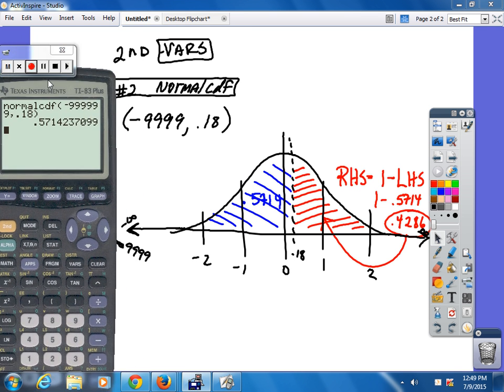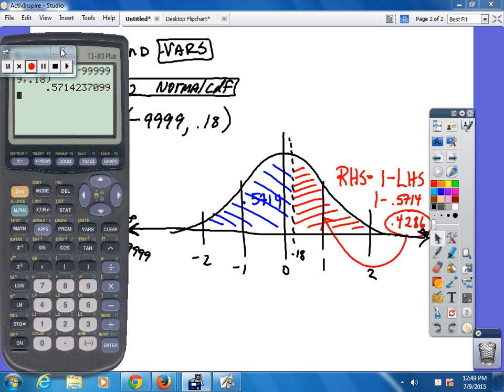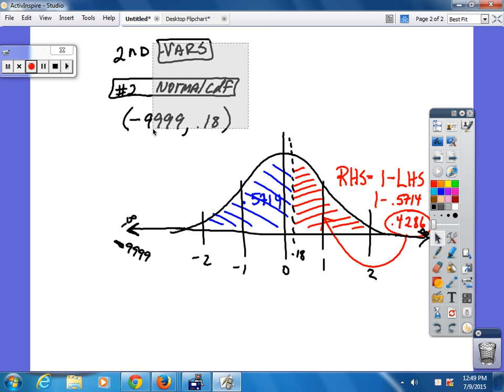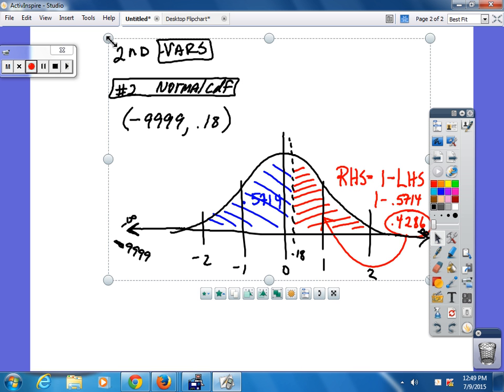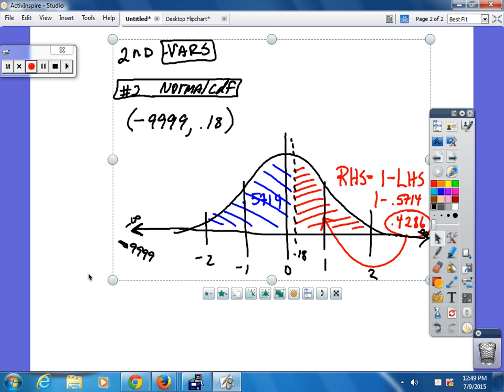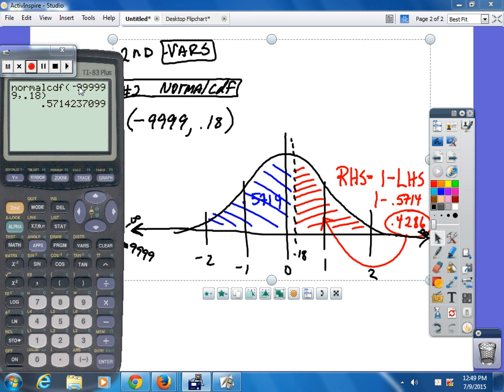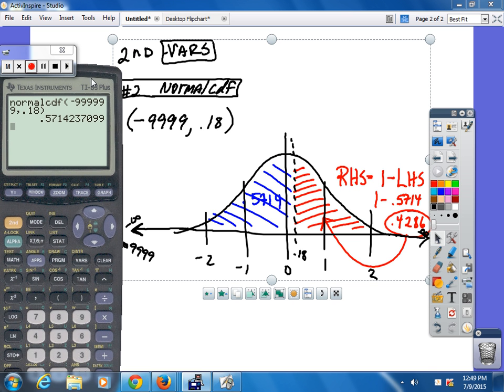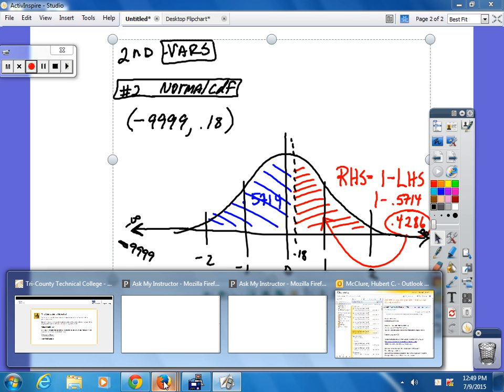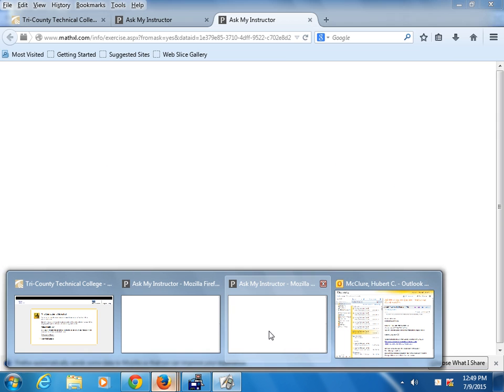Now, will there be variations between the calculator and the table? Yes or no? And what have I told y'all about that? That the MyLab Plus, what does it do? It makes adjustments.